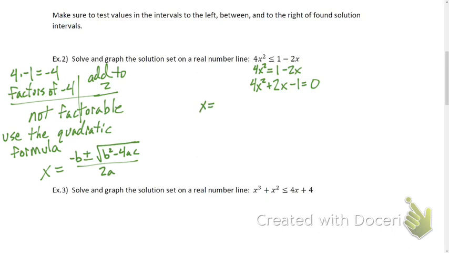So we have x equals -2 plus or minus 2 squared all over 2 times 4.